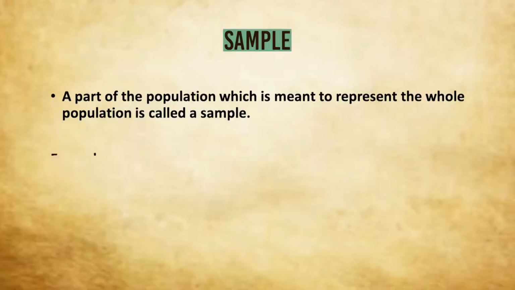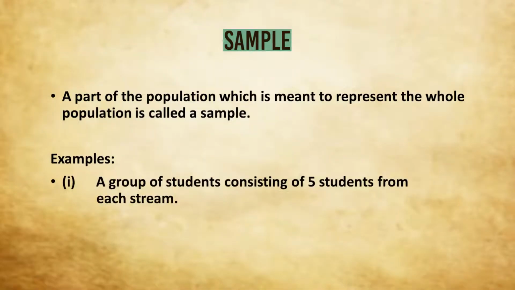If we recall the examples that we took in population, so what can be the sample? In the first example, when we took up the collection of all students in a college, as the sample we can take some students of this college, maybe a collection of students consisting of say 5 students from each stream.